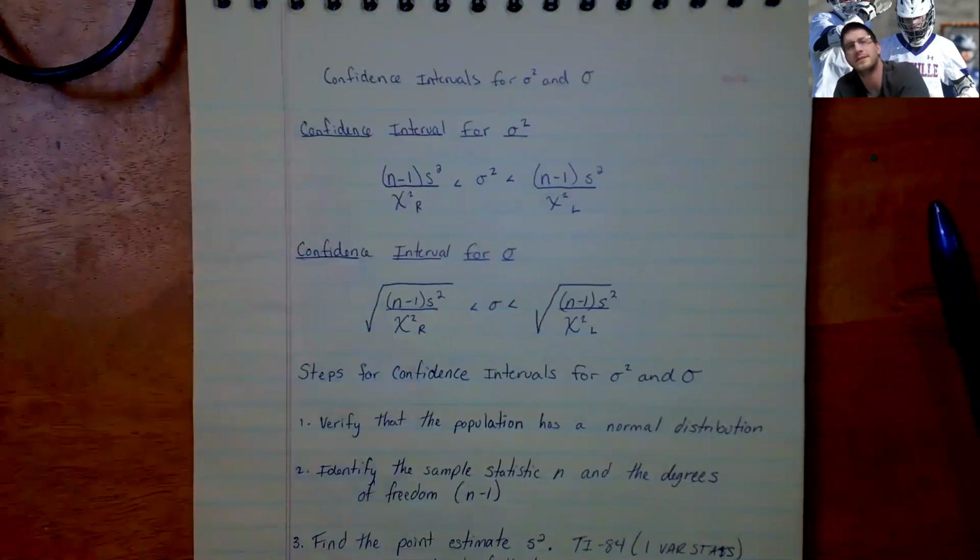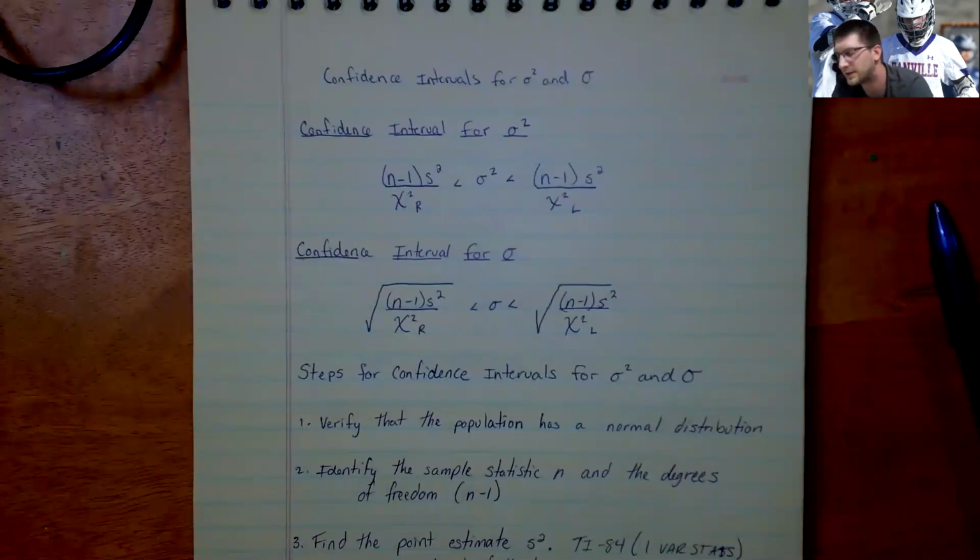There is this formula that is n minus 1 times s squared, so the standard deviation squared, or just sample variance, divided by the right-hand chi-squared value. And on the other side, we have n minus 1 times the sample variance, or standard deviation squared, over the left-hand chi-squared value. If they ask for a variance interval, the sigma squared will be in the middle.